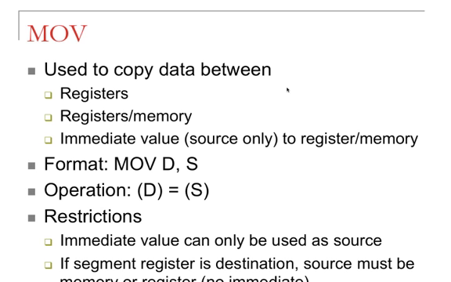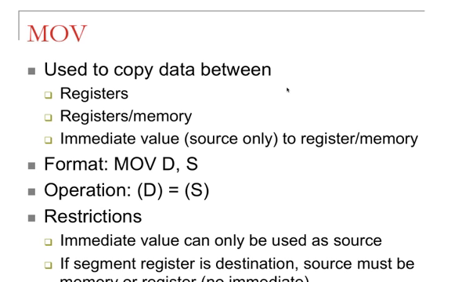There are some restrictions on the move instruction. For example, an immediate value can only be used as a source operand. And if a segment register is the destination, the source must be memory or a register.